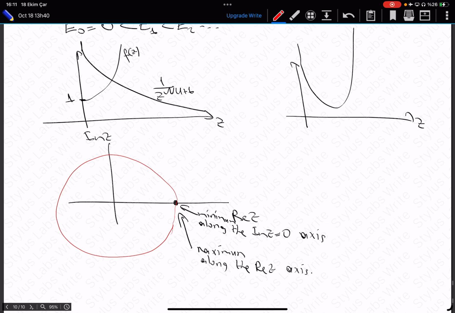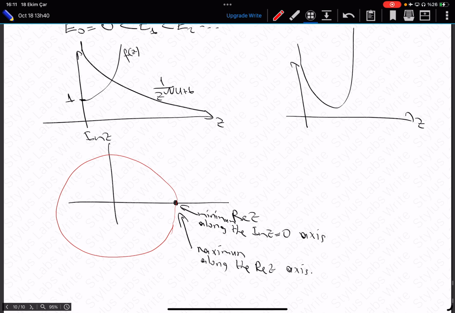But again, keep in mind that along this path, the maximum value is right at this point. There is a huge peak at this point along this path. So the contribution from other points will be negligible, and the dominant contribution will be around this point.